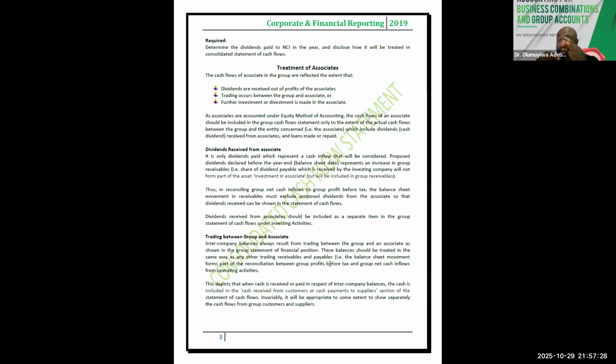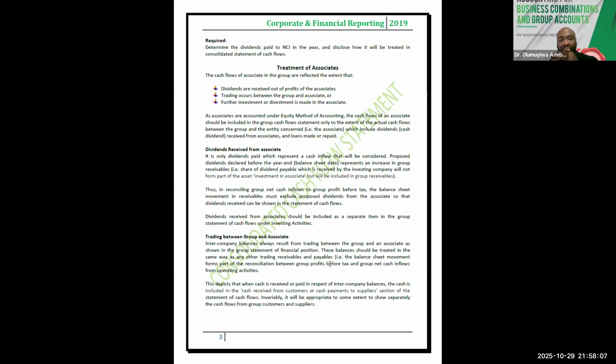We can equally consider what could reduce our investment in an associate other than loss is the amount of dividend we received from the associates or joint venture when such dividend is declared and paid by the associates. The only difference is that as NCI is equity, which is a credit balance, an associate is an asset, which will have a debit balance. We'll look at that.